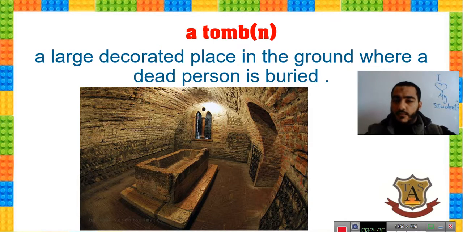This is a tomb for the ancient Egyptians, maybe sometimes Egyptians or Roman, but it's an old tomb. Decorated means it has decoration inside it, paintings and these things. Tomb. The b is silent. Okay.